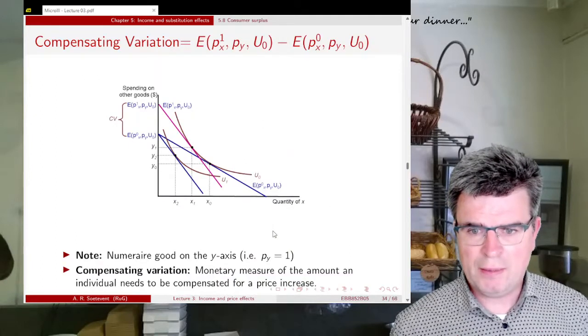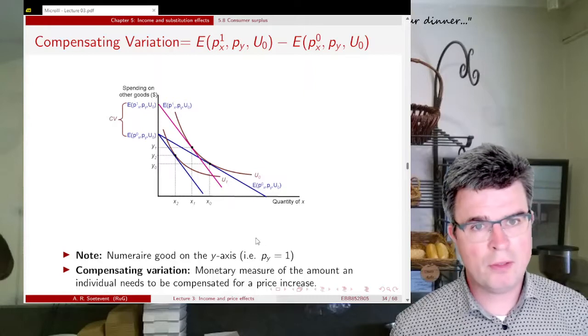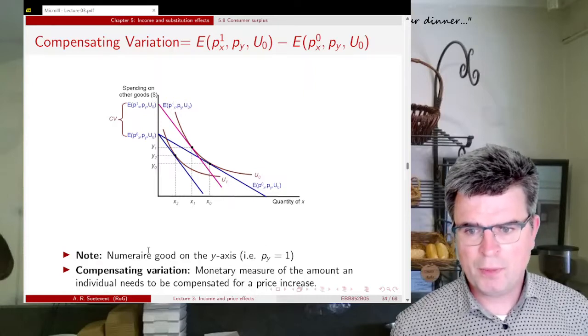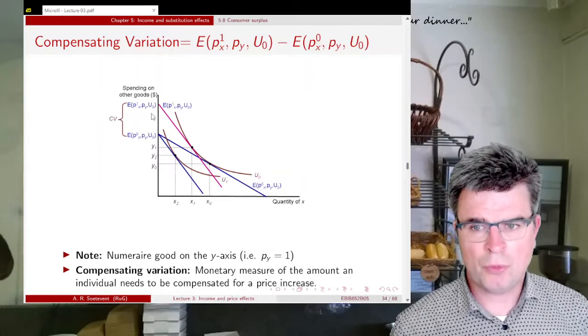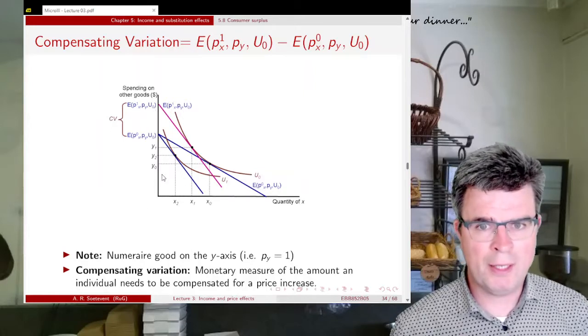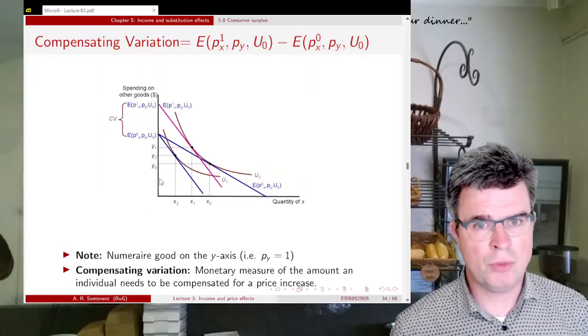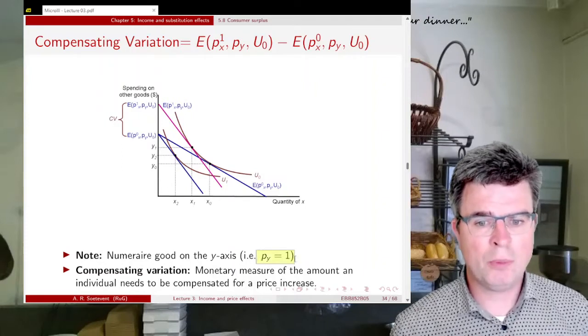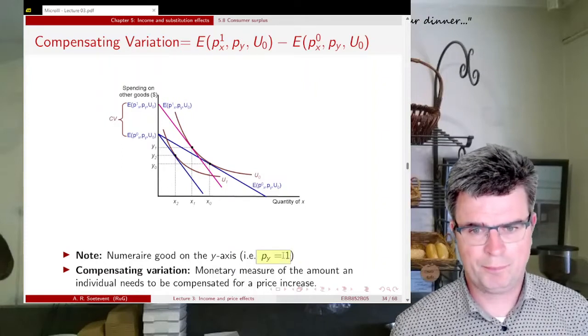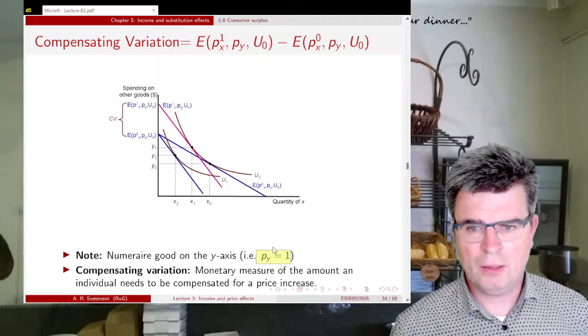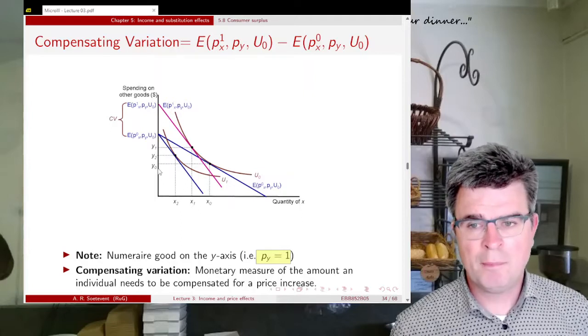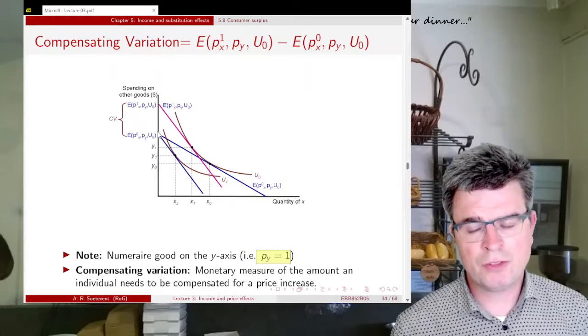So graphically it looks as follows, and note that in order to draw this picture I have a so-called numeraire good on the y-axis, meaning that the price of good Y is set equal to 1. And I do this because then the difference in expenditures is easily depicted as a vertical distance in this graph.